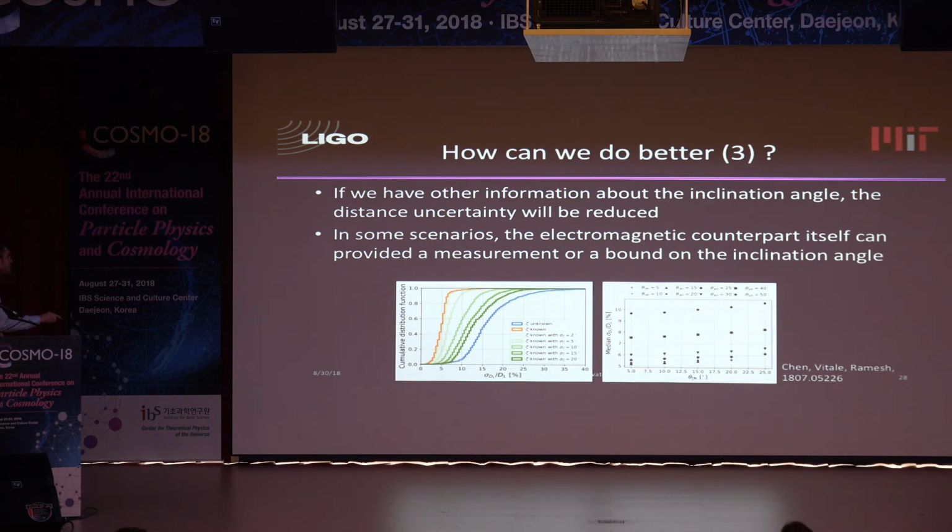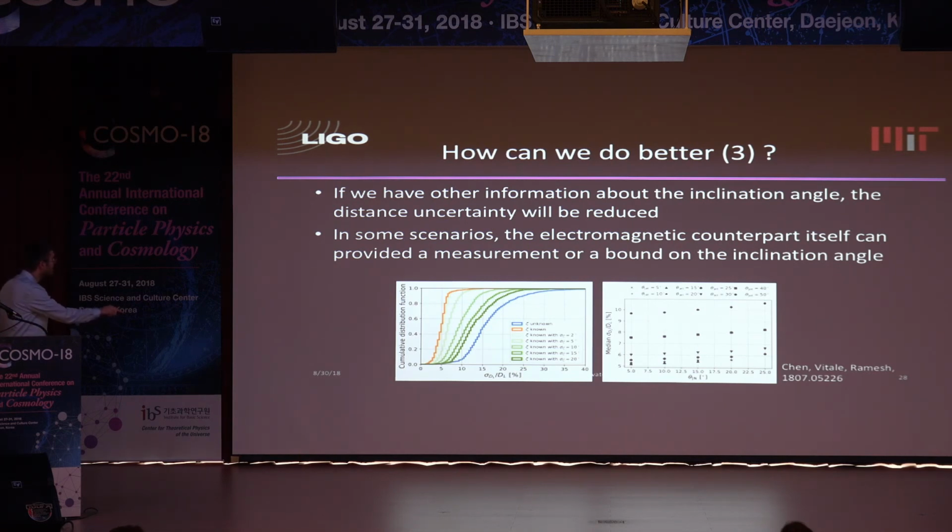Now, if you assume that you start knowing more and more, so these are all cumulative functions that give you the uncertainty as your prior information on the viewing angle improves. It's a Gaussian with a width of 2 degrees, 5 degrees, and so on and so forth, until you assume that it's perfectly known, which of course is very unrealistic.